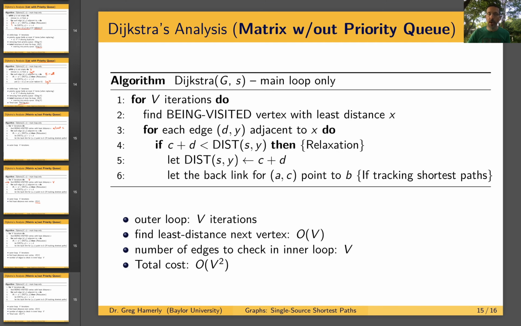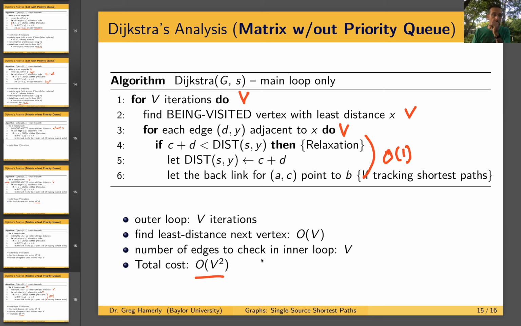So the total cost here is we have V vertices with a cost of V here, a cost of V here, and then all of this is constant time, so we can basically ignore that from our analysis. So we have V times V plus V times V. So the total is V squared.